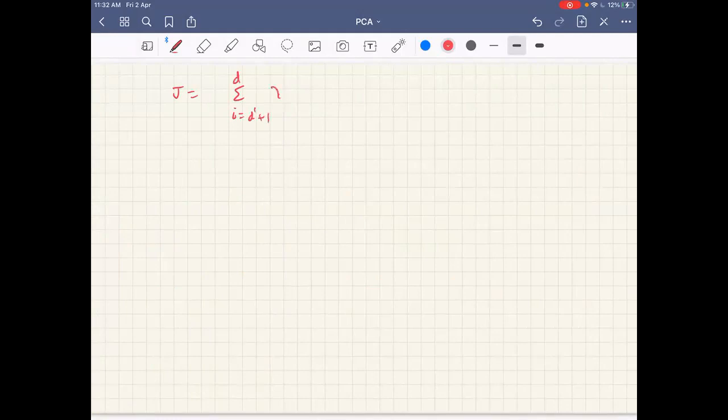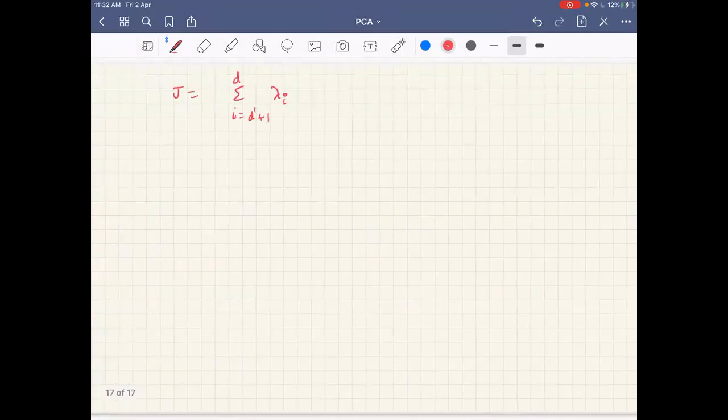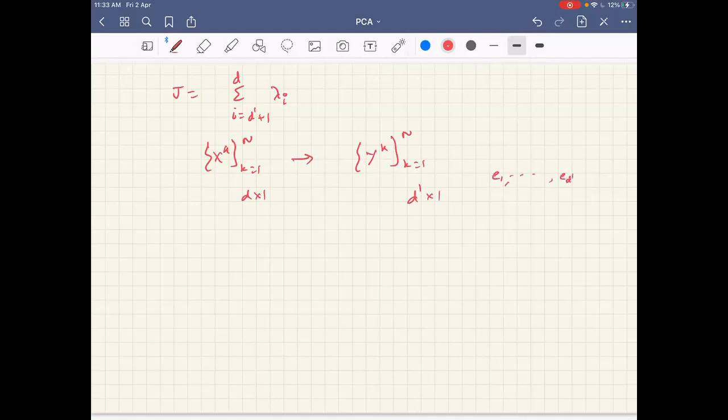to d lambda i. That means if I reconstruct the sample using only d dash dimensions, if x for i equal to 1 to n are represented only with yk, k equal to 1 to n, having this being d cross 1 and this being d cross d dash, considering only the eigenvectors e1 to e d dash for representing, the error in reconstruction is equal to lambda d dash plus 1, plus lambda d dash plus 2, and so on up to lambda d.